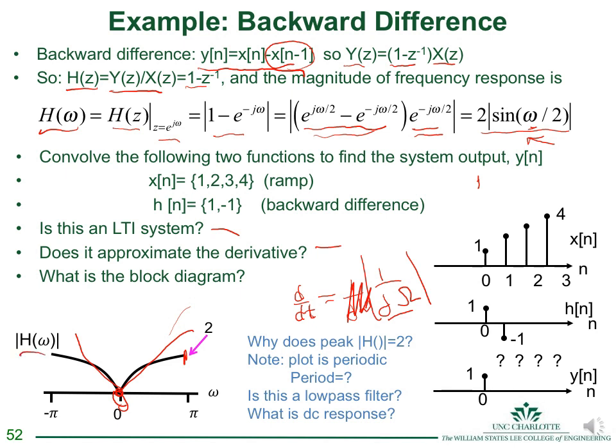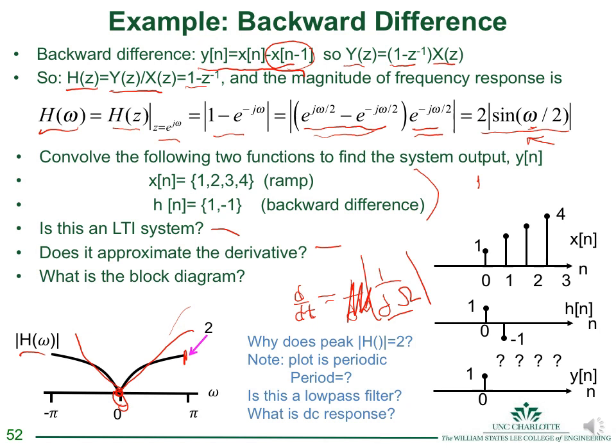To show this even further, let's take the convolution of the backward difference with a ramp, a finite length ramp. And so the impulse response of the backward difference, there are several ways to do it. One simple way is to say that h of n is y of n when the input x of n is a delta function.